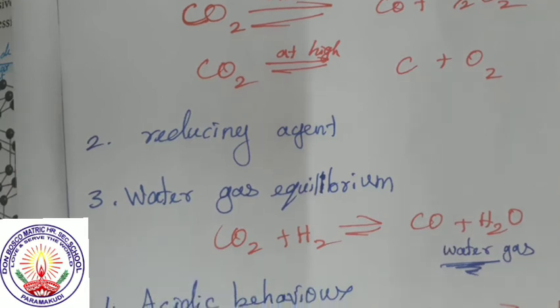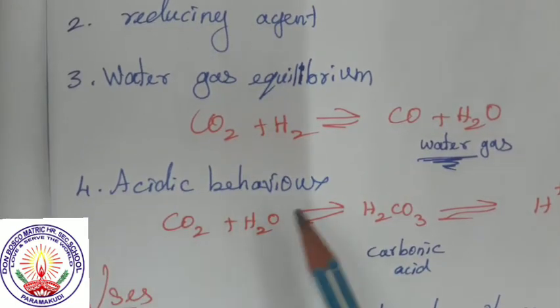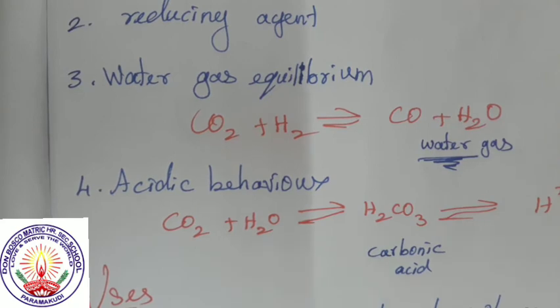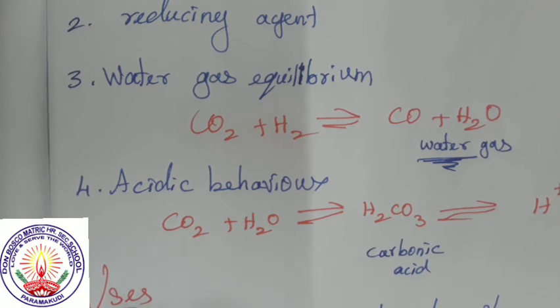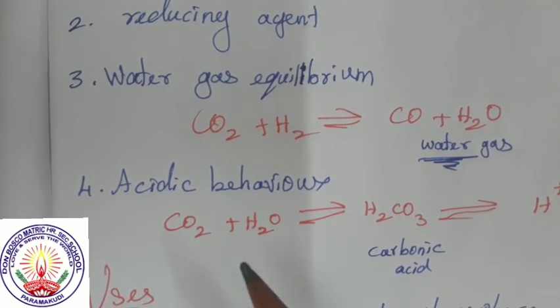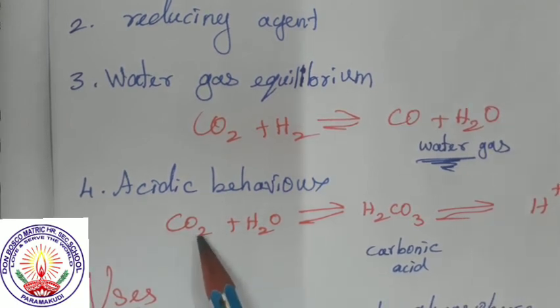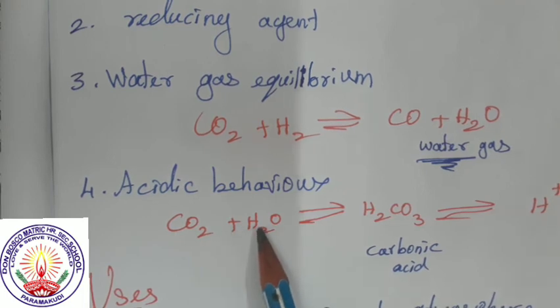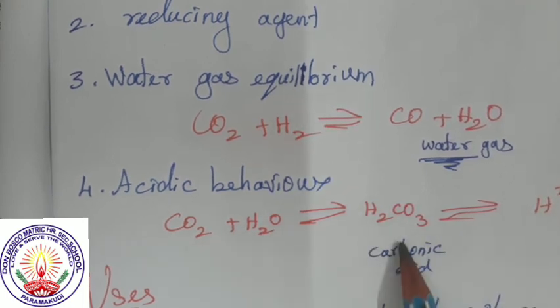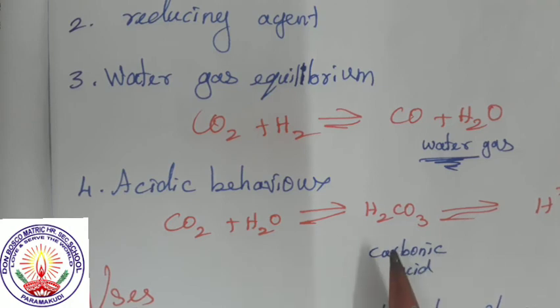The next important property is acidic behavior. When it is in aqueous medium, in water, it gives a slightly acidic medium. That is carbon dioxide plus water gives carbonic acid.